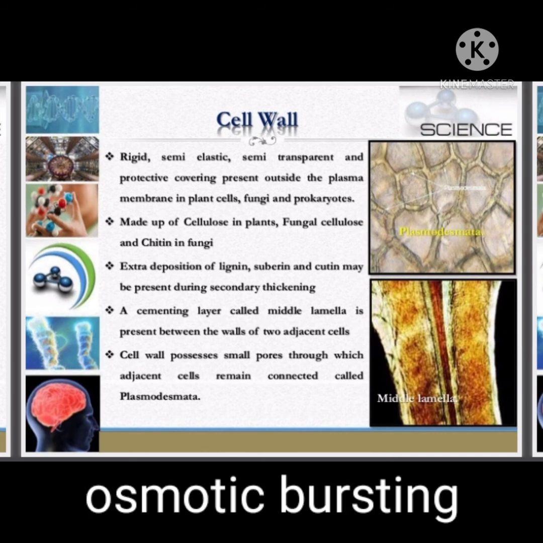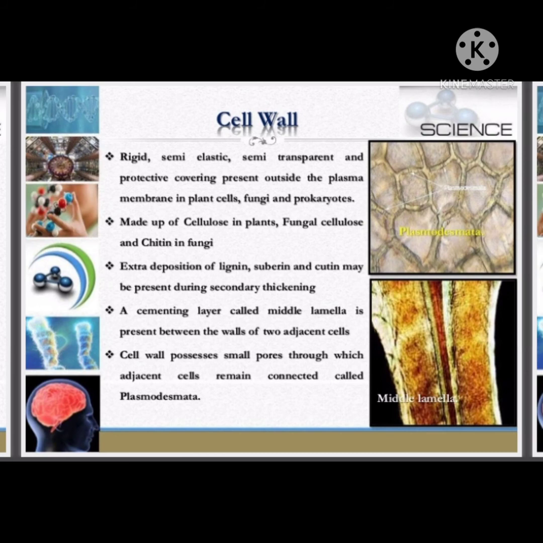Most of the time the plant is standing outside. The plant body needs to survive all kinds of environmental changes: strong rain, high temperature, strong wind, etc. So in order to withstand all these changes, the plant body needs extra protection.